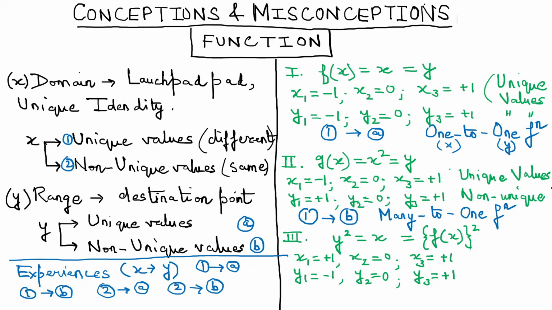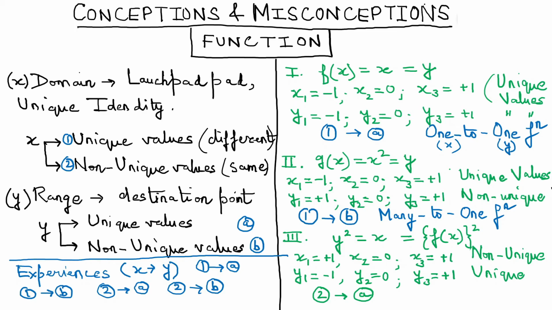So ultimately the experience here for the domain is a non-unique one, but the range has a unique experience, which falls under the third category that we have talked about.